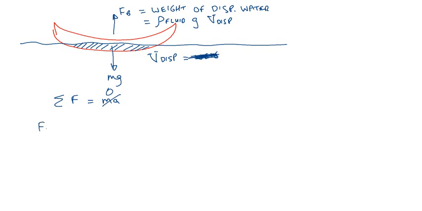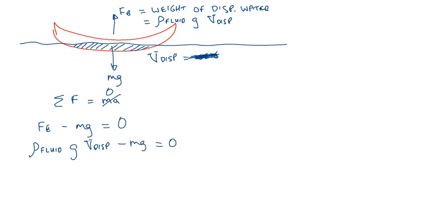I'd have the buoyant force upward, and the weight down would look like that. The buoyant force here, we can fill that in, the density of the fluid times g times the displaced volume, and then minus mg equals 0.